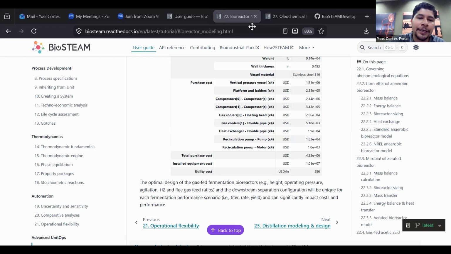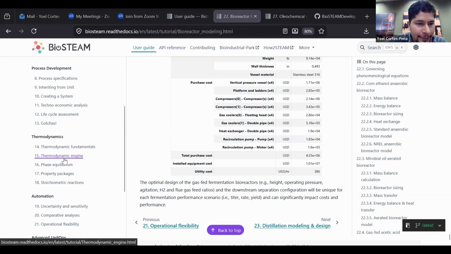You can just default them. So if you know the density and the heat capacity, the formula for your microorganism, then you can add all those details. But otherwise, you can just specify the formula and let BioSTEAM default all the other parameters.